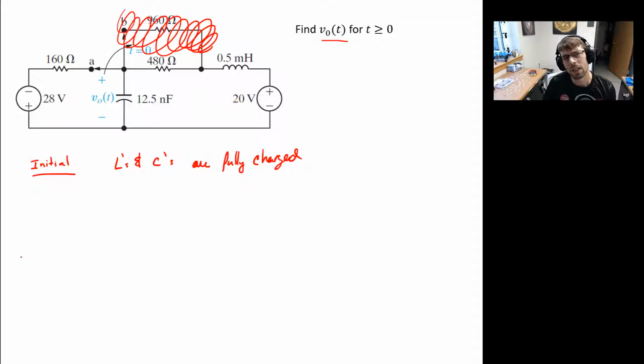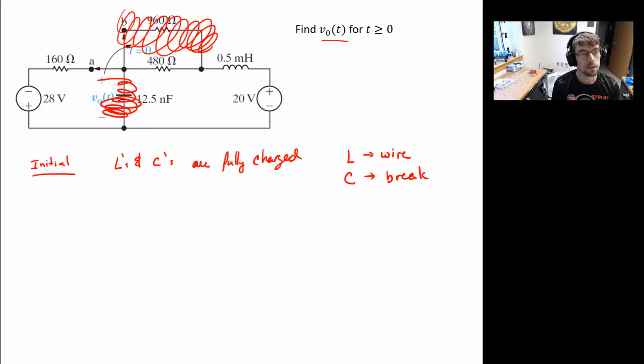And what does that mean in terms of their behavior in the circuit? Yeah, that the L, the inductor, acts like a perfect wire, and the capacitor acts like a break. Okay. So we can even remove this guy. It's as if that's not there.